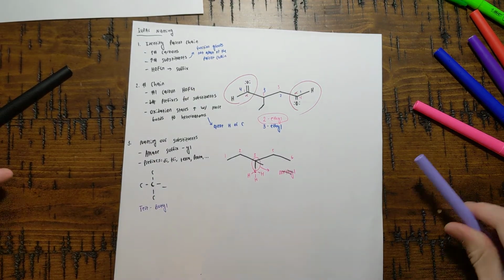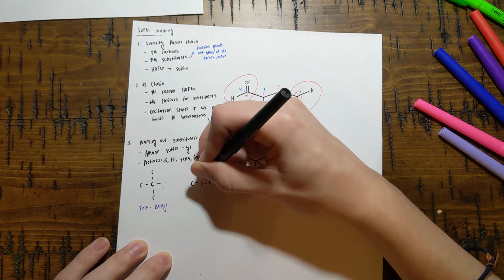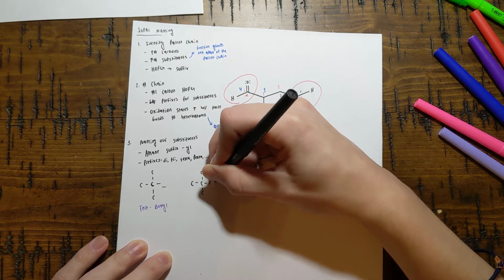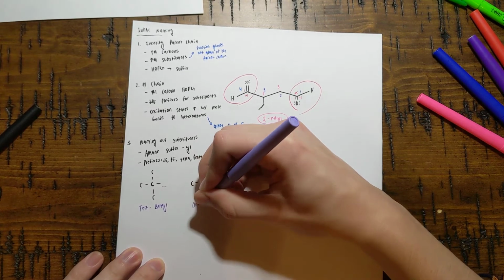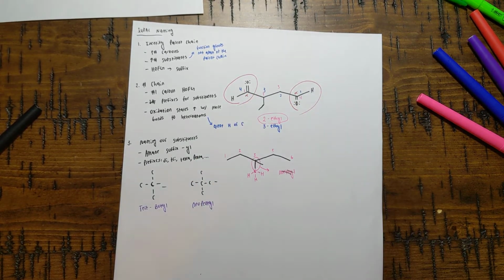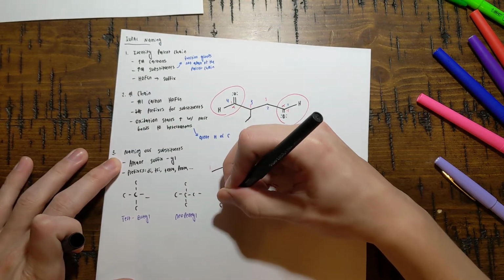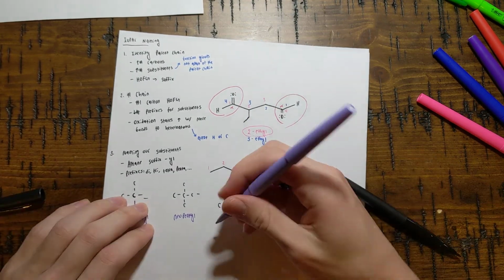Tert-butyl. If we have 5 carbons, all attached like this, this is known as neopentyl. If we have 3 carbons, and this is a really common one, this is known as isopropyl.